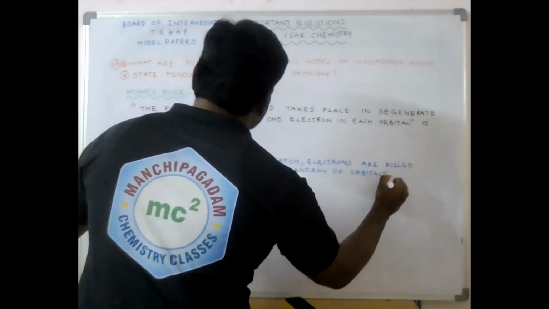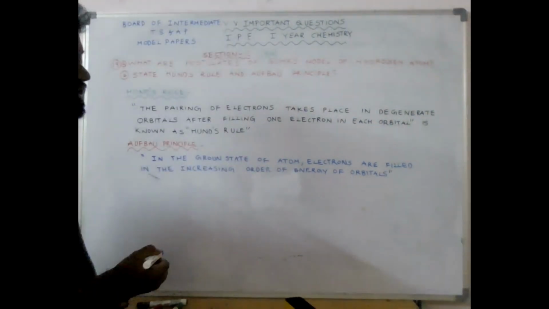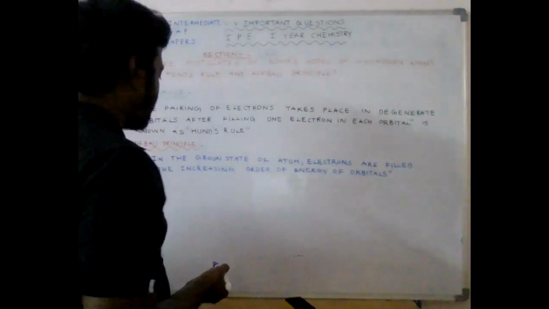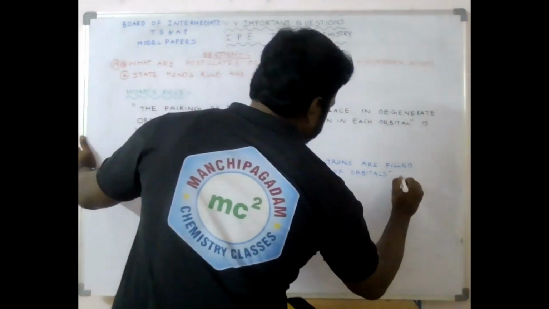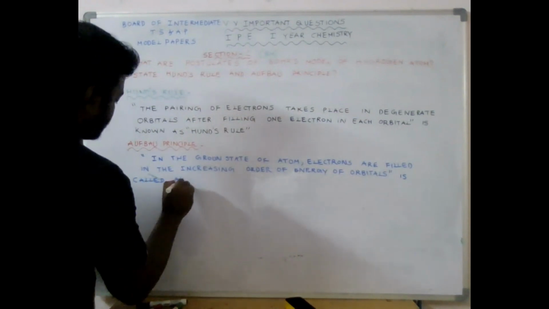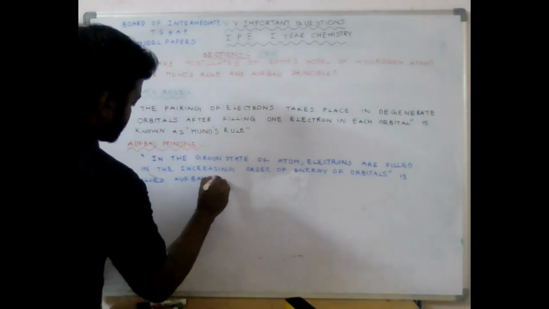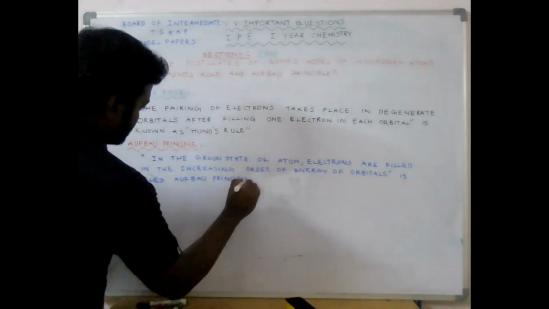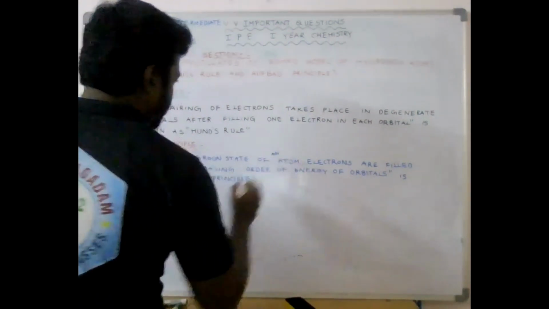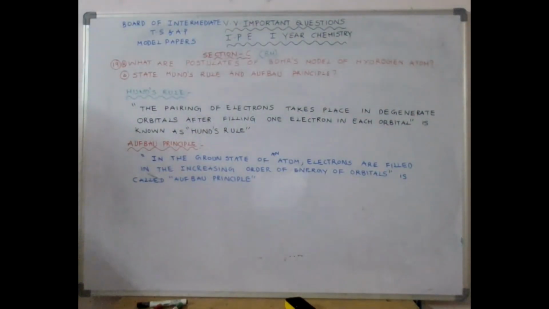Means what? The orbitals which are having less energy are filled first, then more energy. Increasing order means, right, lower to higher. In the ground state of atom, electrons are filled in the increasing order of energy of orbitals. It is called Aufbau principle. So in the ground state of atom, electrons are filled in the increasing order of energy of orbitals, is called Aufbau principle.